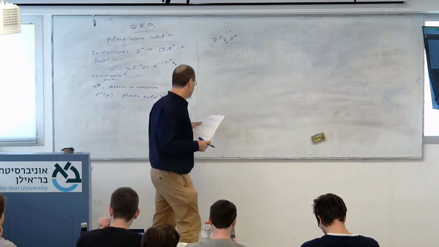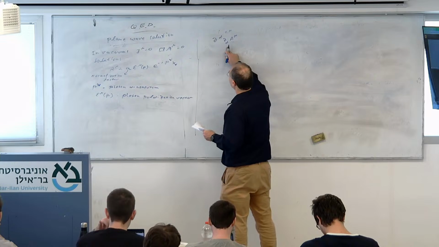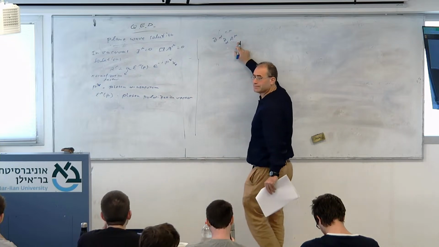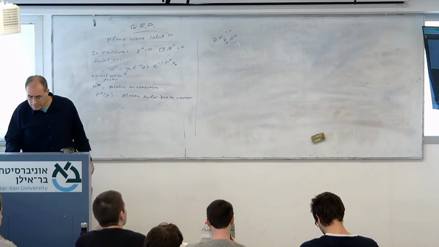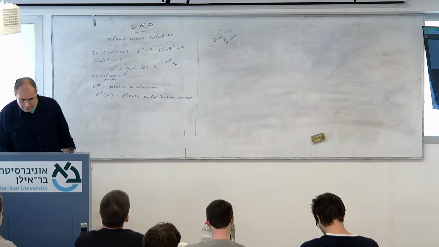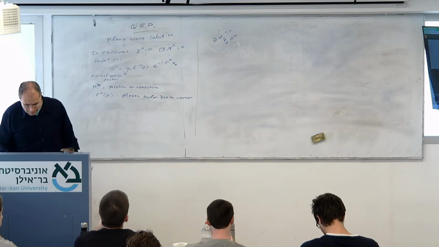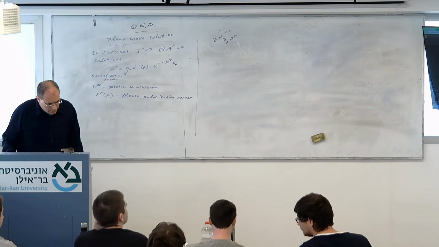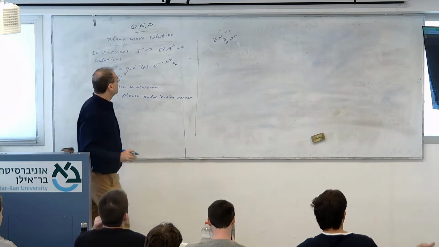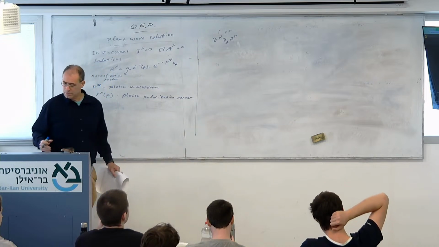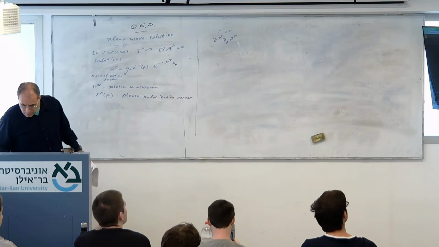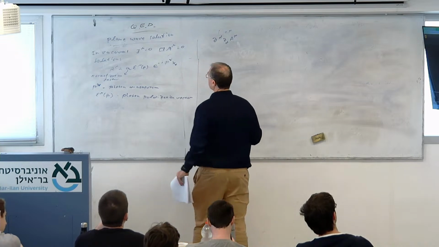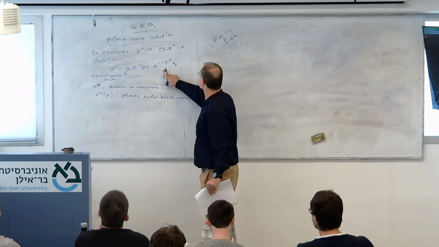Okay. So d alpha A mu. What do we get? How do I take the derivative with respect to x alpha?